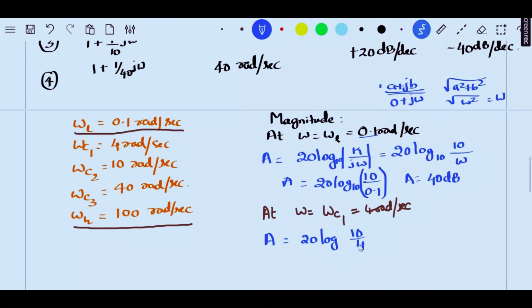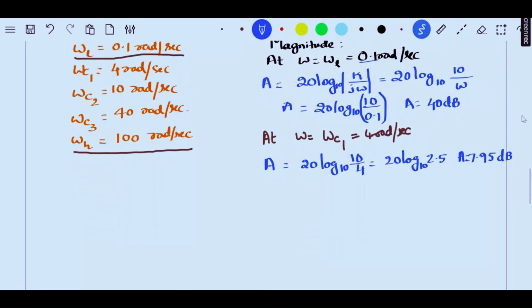So this will give you 20 log of 4 by 10, which is 2.5, to the base 10. If you use your calculator to find the value, what we get here is 7.95 dB. So this is your magnitude A at omega equals omega C1.